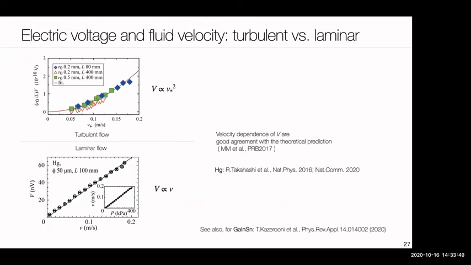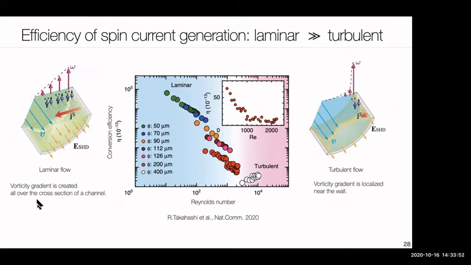Okay, so we discovered a big difference of the conversion efficiency from the vorticity to the spin current in the case of the laminar flow and the turbulent flow. Okay, so the laminar flow case is much larger than that for the turbulent flow case, because in the laminar flow the vorticity gradient is created all over the cross section of the channel.